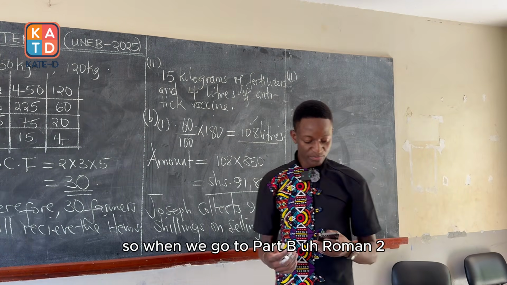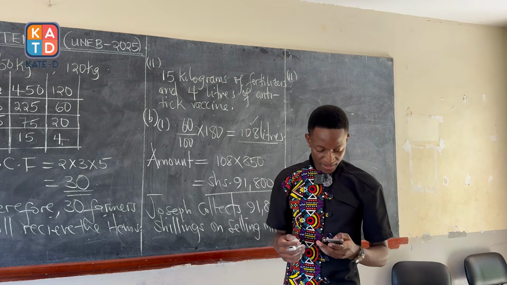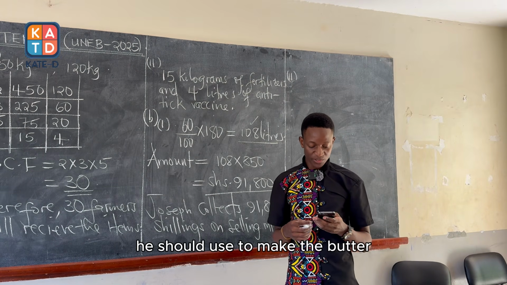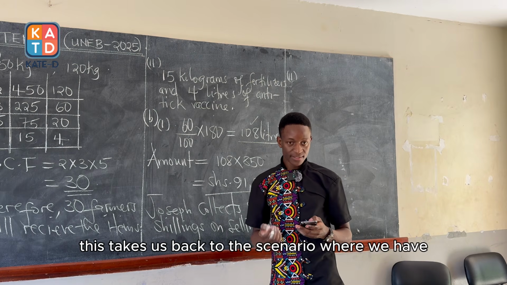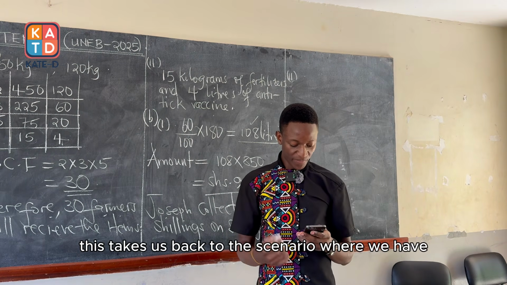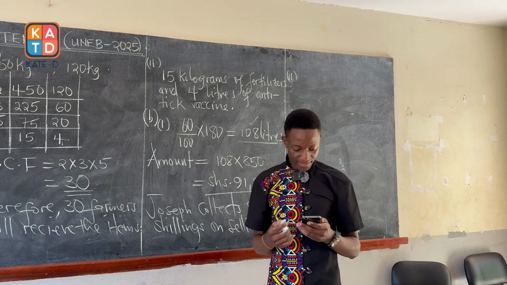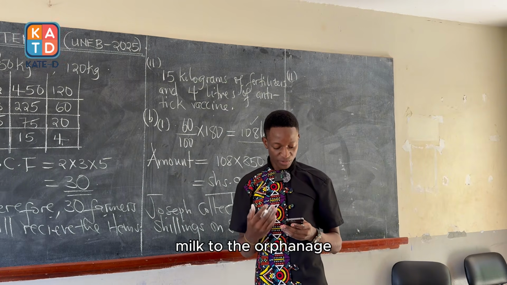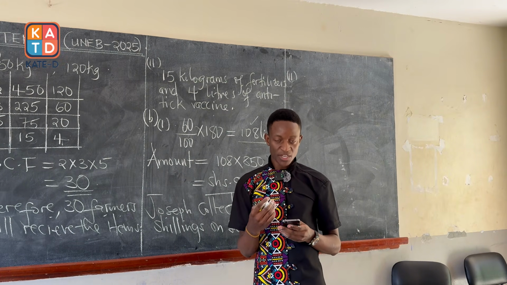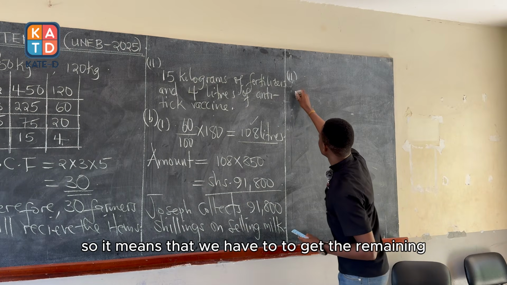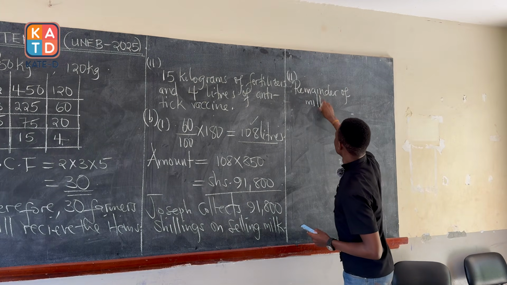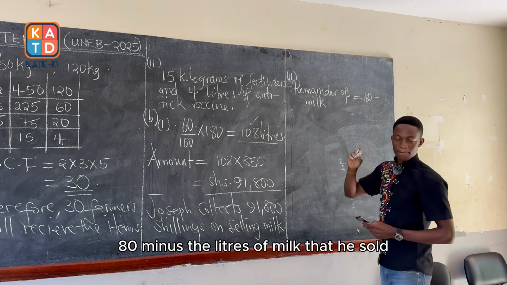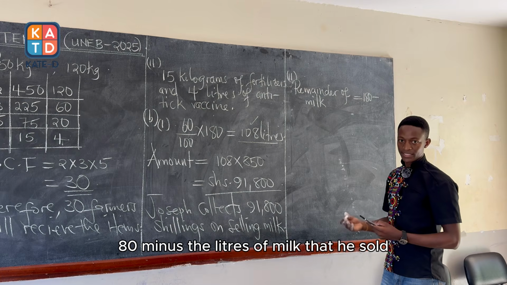So when we go to part B, Roman 2, it says, help Joseph to determine the amount of milk he should use to make the butter. This takes us back to the scenario where we have he donates 1/15 of the remaining milk to the orphanage. So it means that we have to get the remaining liters of milk by getting the total, which was 180, minus the liters of milk that he sold.